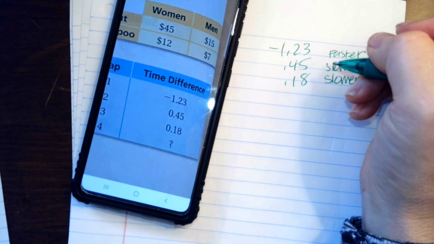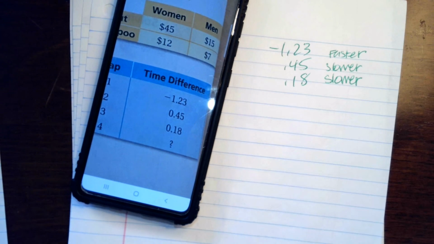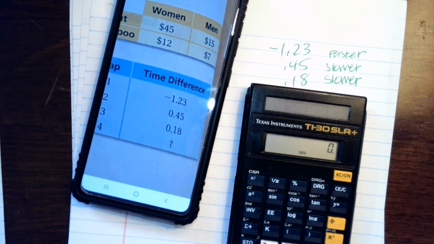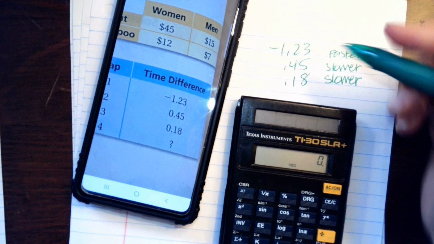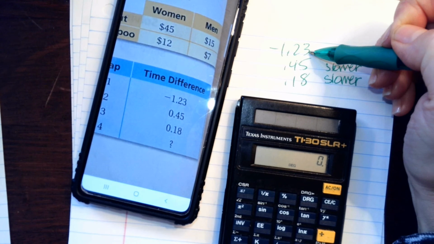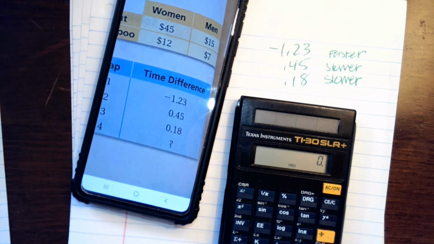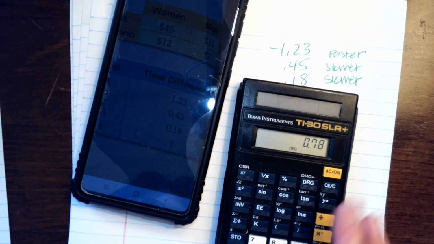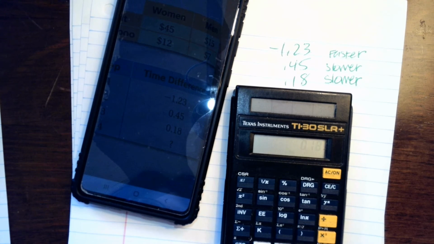Okay. So if we want to have them beat the other person, they would have to beat them by just a little. So far they have 1.23 in their favor, but then we would take that 1.23 and we would subtract 0.45 and subtract 0.18.